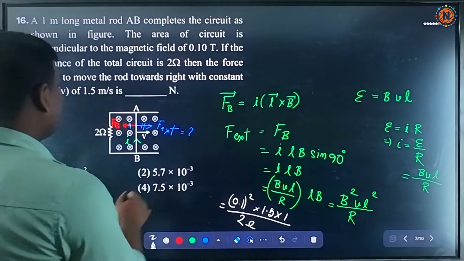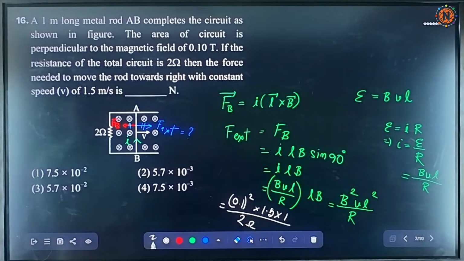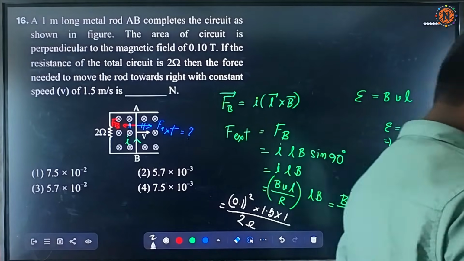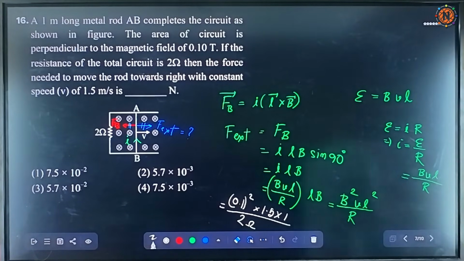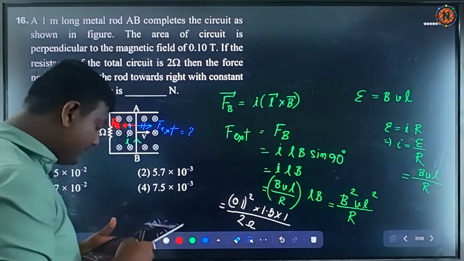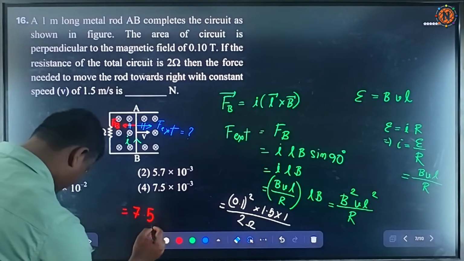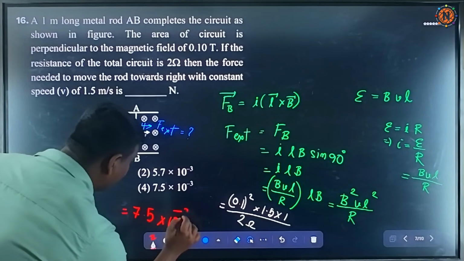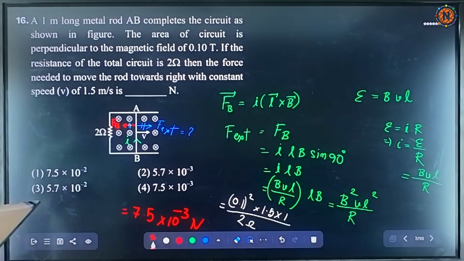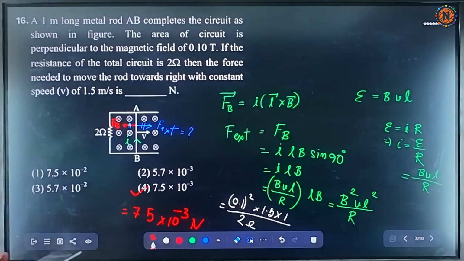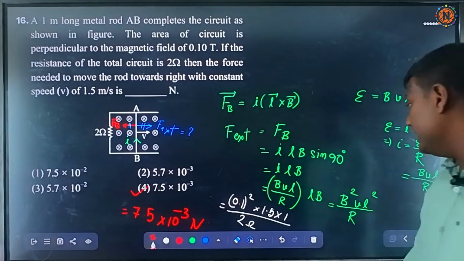If you put all the values, you will get the answer. Let me check. You get the answer of 7.5 into 10 to the power minus 3 Newton. So option D is the correct answer. Very simple question. Okay, let's go to the next question.